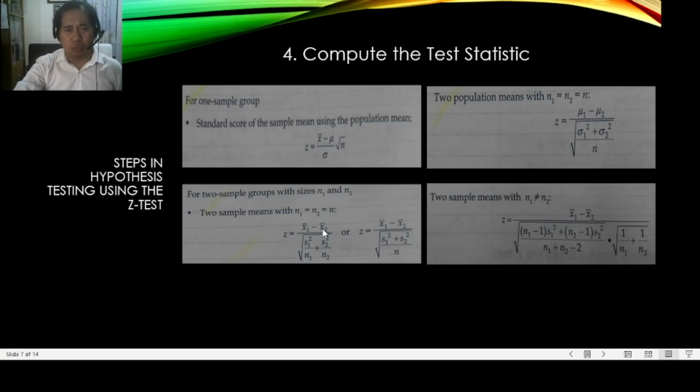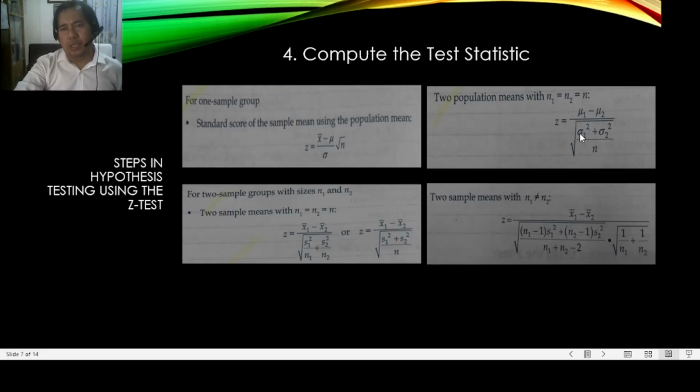Now in the two sample group, the only thing you need to identify in here is that it's no longer the population standard deviation that is given, but what is given is the sample standard deviation or sample variance. So this is represented by S. What about this one?